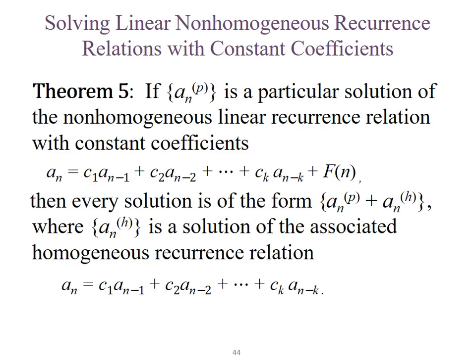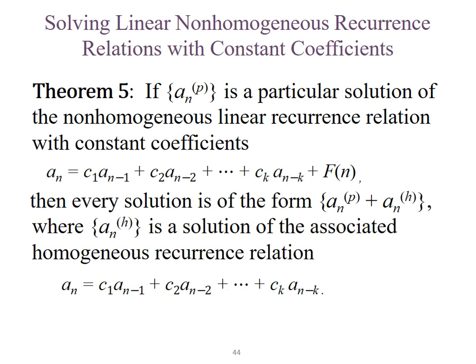All right, so next we will see Theorem 5 to help us discover the solution for linear non-homogeneous recurrence relations. We consider a_n^(p) as a particular solution of the non-homogeneous linear recurrence relation, and a_n^(h) as the solution of the linear homogeneous recurrence relation.